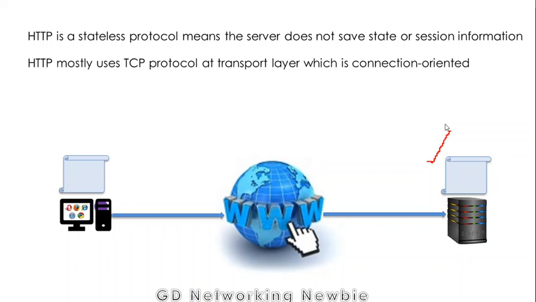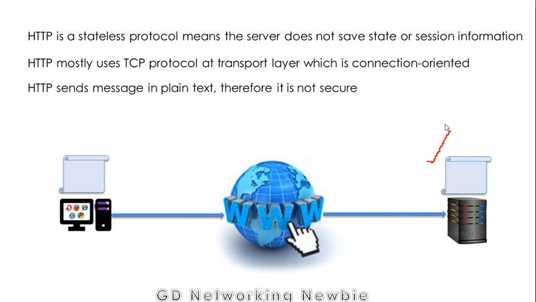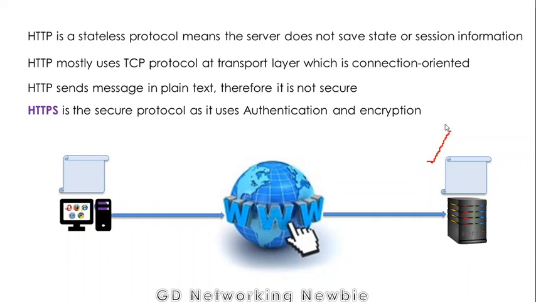The second characteristic is that HTTP mostly uses the TCP protocol at the transport layer, and TCP is a connection oriented protocol. The third characteristic is that HTTP sends messages in plain text, and those messages can be understood by any user, so this is not secure.